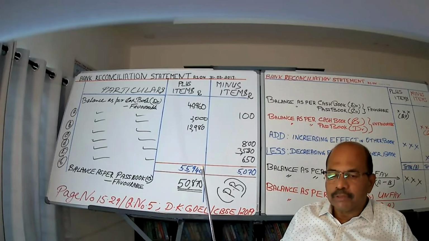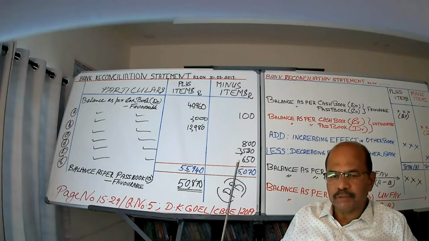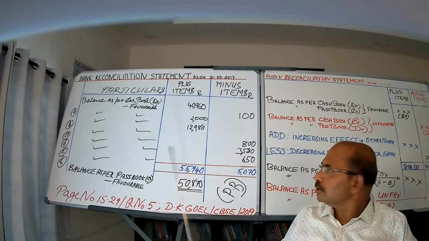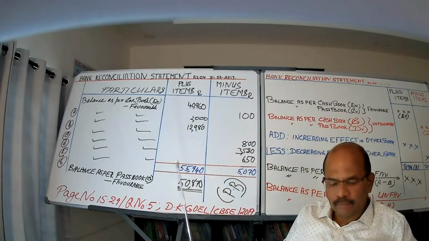A direct deposit means the passbook balance has gone up. I was not aware of it. Or if you want, 1 lakh each before this discrepancy. Now the passbook balance has become 1 lakh 2,000. Increasing effect to the extent of 2,000. So show it on the plus side. Next.